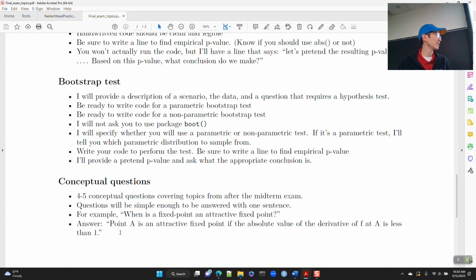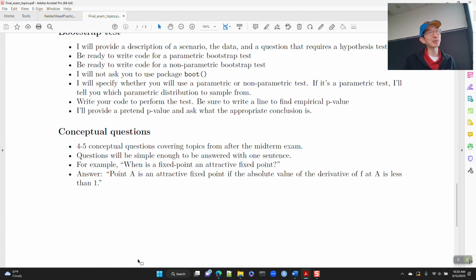It's much more preferred if the answer is short and correct than long and wrong, because sometimes students see something and think, I'm going to write every single thing I know and hope one of those sentences is correct somewhere in there. But that's not a good strategy, I would say.